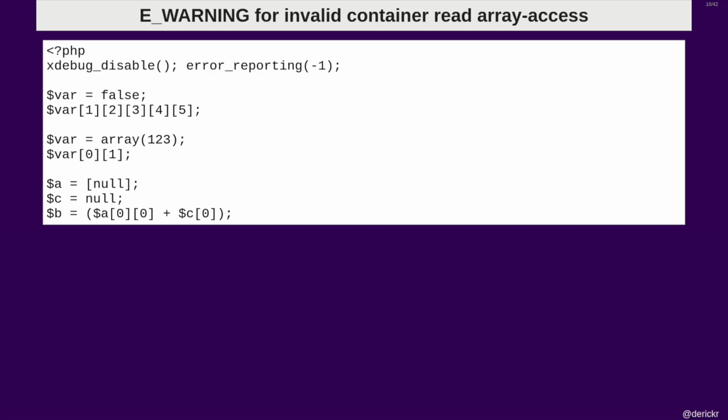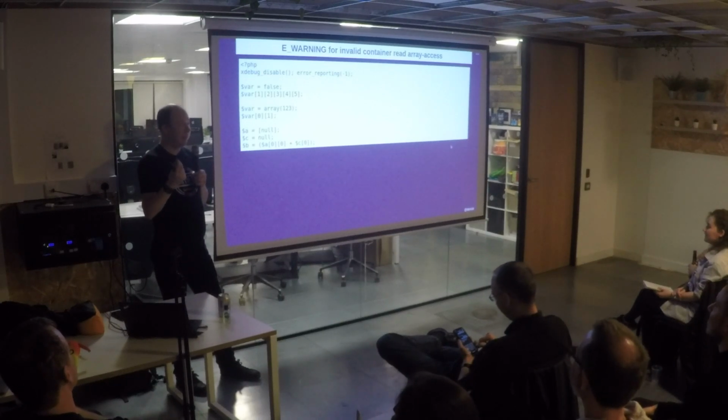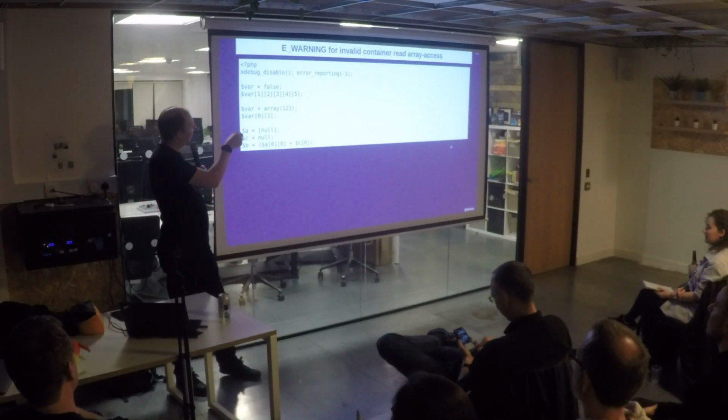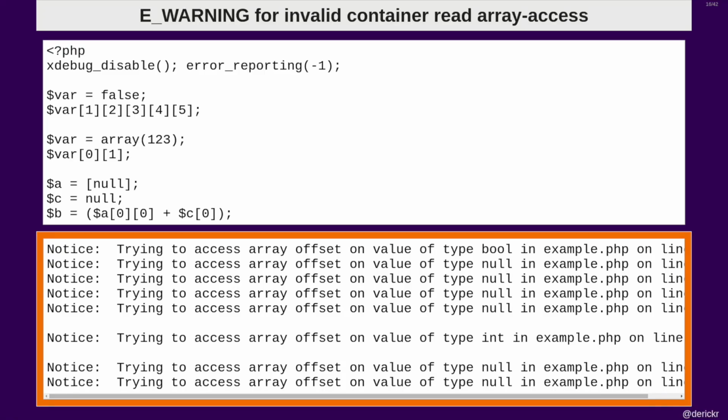PHP 7.4 got a little bit more shouty when you do silly things, like accessing indexes of something that isn't a string or an array. So in PHP 7.3 and earlier, you get no warnings on this example, which is kind of annoying. In 7.4, you'll get a whole bunch of warnings here.